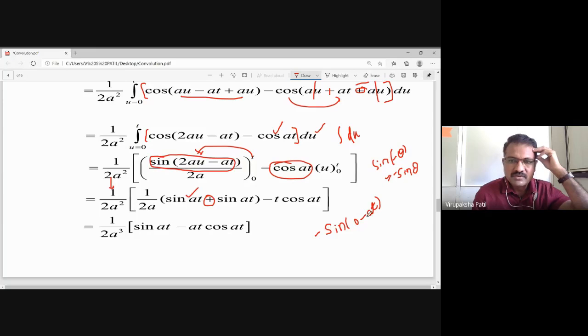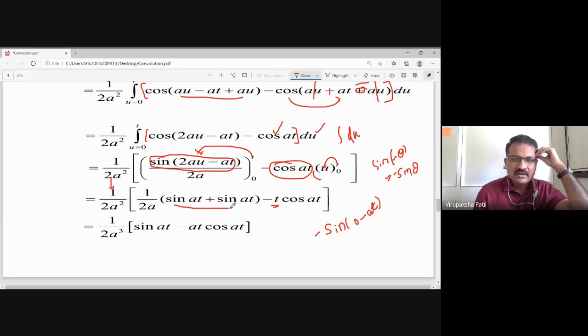So sine of minus at is minus of minus sine at, and minus of minus becomes plus sine at. So I have written here plus sine at. Is that clear? Next, cos at as it is. If you put the limit for μ equal to t, that becomes t minus 0. T minus 0 is t only, so I have written directly t here. So finally you got this.